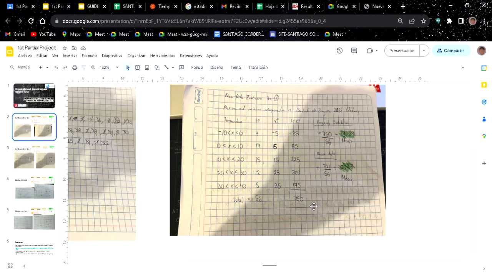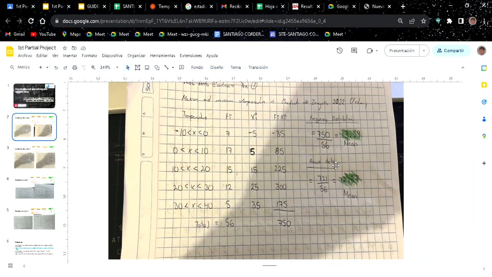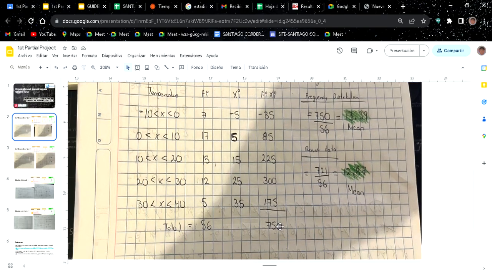And the total of this data is 750. And to calculate the frequency distribution, we have to divide the total of midpoint multiplied by frequency, that is 750, by the frequency, that is 58.